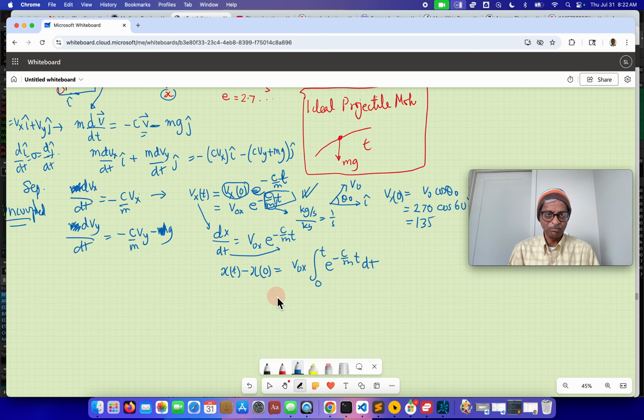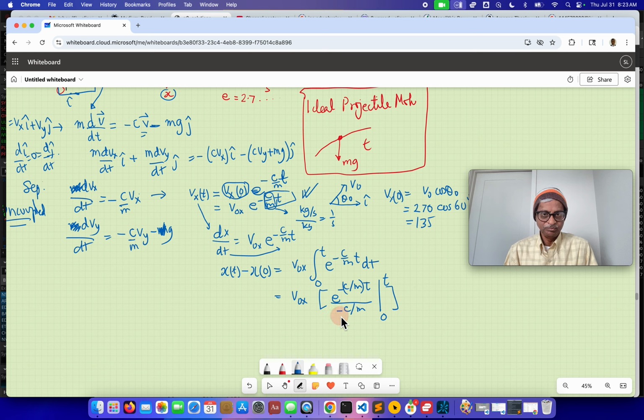Of course, this is going to come down like this, v0x e to the minus c over m t over minus c over m, from 0 to t.